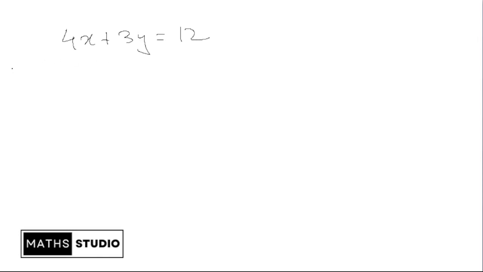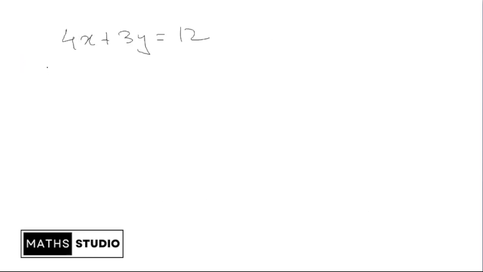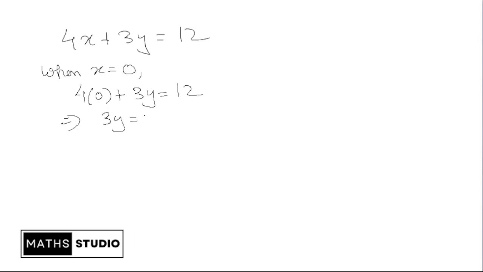So I think possibly we already took a similar example. Okay, so we'll do it the same way. When x equal to 0, then what happens? 4 into 0 plus 3 into y equal to 12. This implies 3y equal to 12. This implies y equal to 4. Okay.